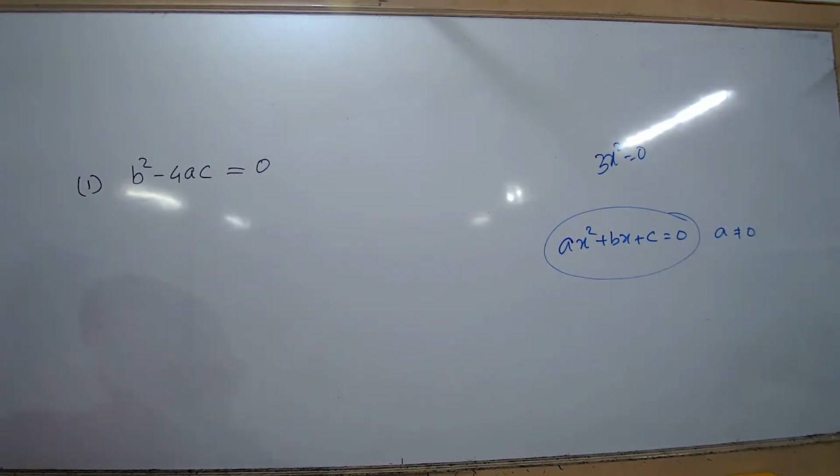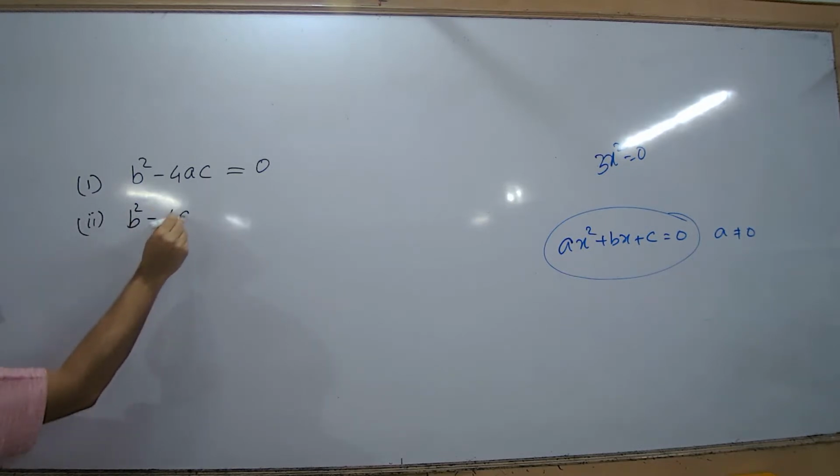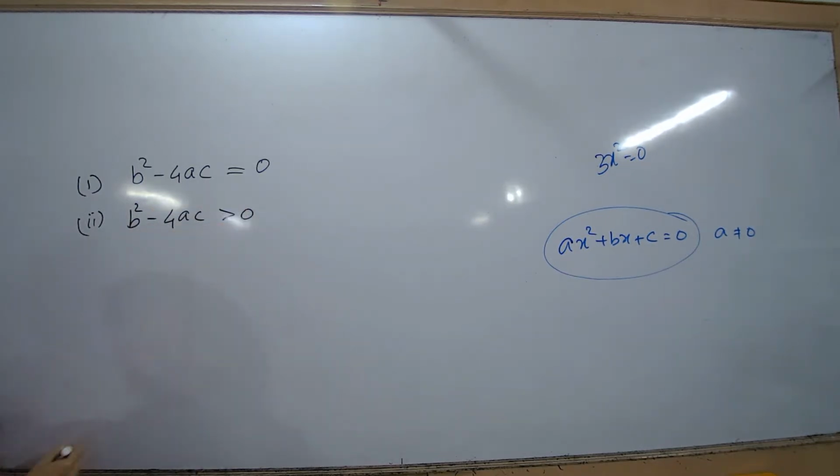Second, if b square minus 4ac greater than 0. Greater than 0 means what? What is the meaning of greater than 0? Positive.